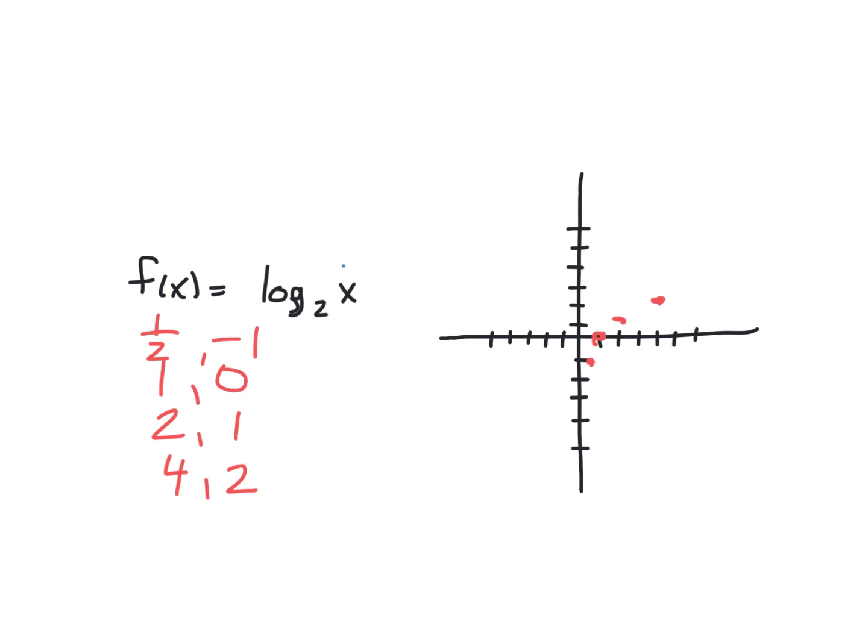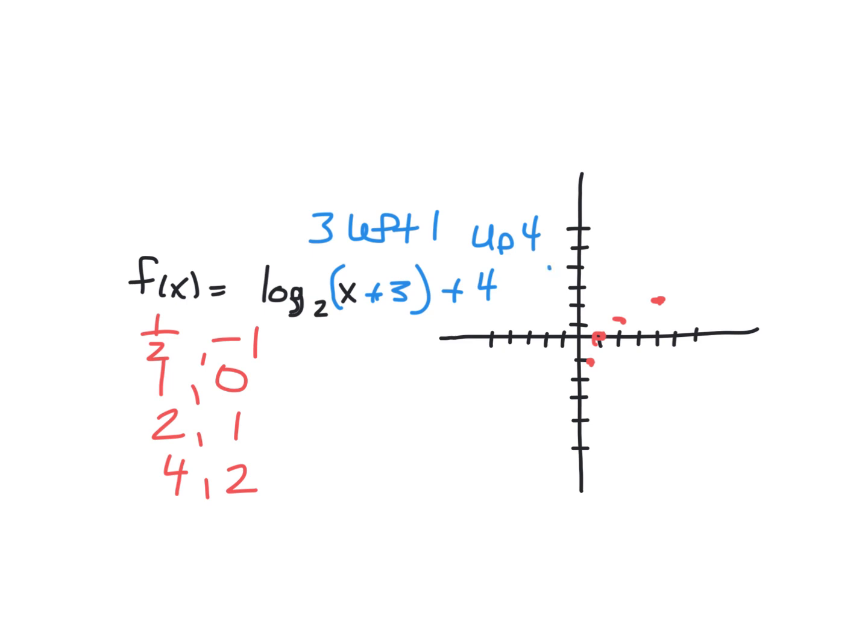Then again, if I've got, let's say, x plus 3 in parentheses, that's going to move the graph 3 left. Let's say I've got a plus 4 out here, that would move this graph up 4. So now each of these particular points, I'm going to go left 3 and up 4, left 3 and up 4.